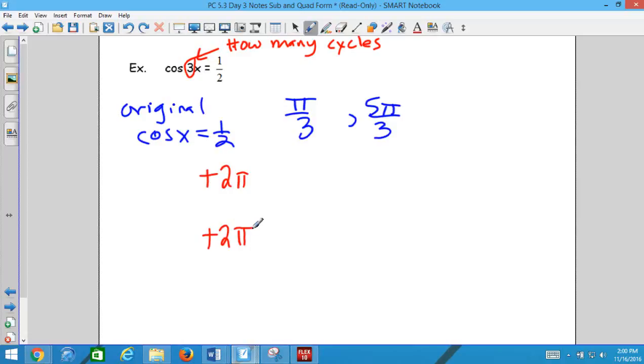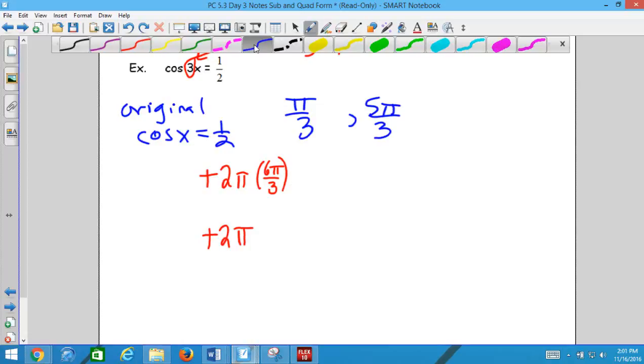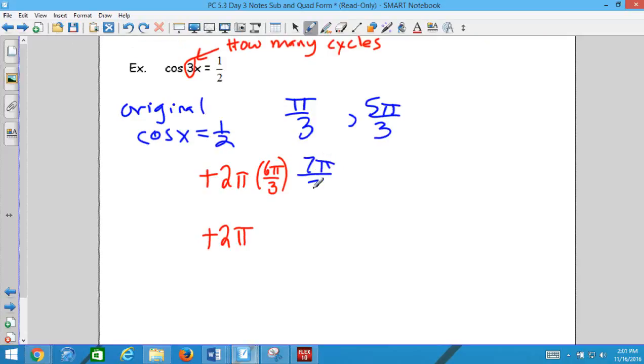But when I add 2 pi, this is a pi over 3, so I'm really adding 6 pi over 3. So it's common denominator. If I add 6 pi over 3 plus pi over 3, I get 7 pi over 3. 6 pi over 3 plus 5 pi over 3, it's 11 pi over 3.